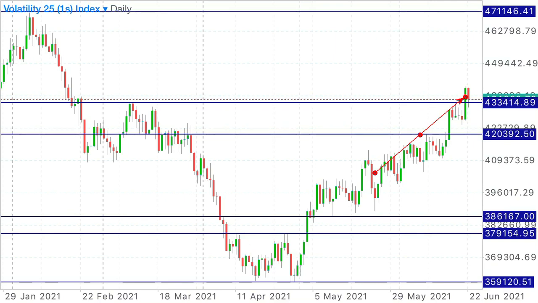So it's very important to also consider the price action. When the market is approaching or is at a level, you need to check what prices are telling you, because at that point there are two things involved. Either the market might go to .471146 on day one, or if it reverses, it will come to .420392, right?